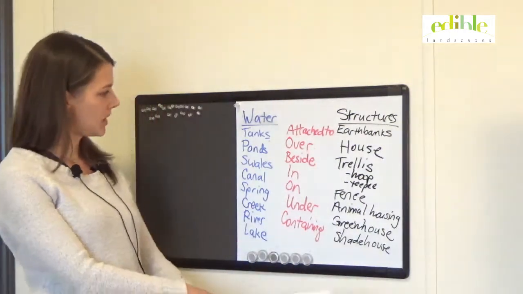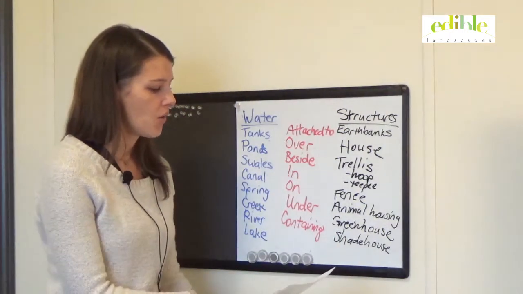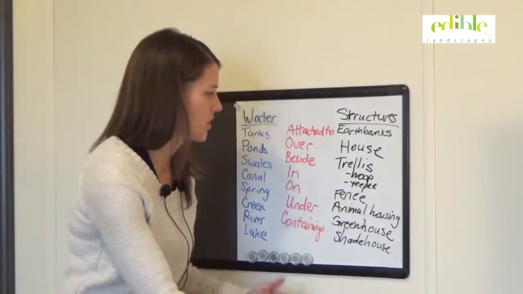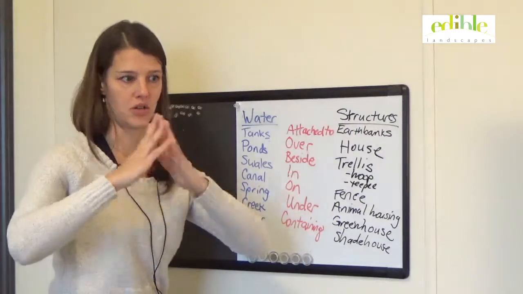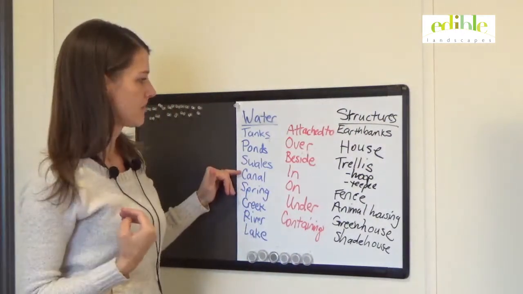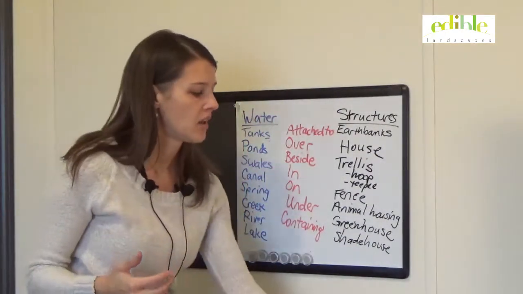So we can look at a couple other examples here too. Like, what if you put a ridge trellis, so something that looks like an old school cartoon tent almost, over top of a canal. And then you can start growing things up over the canal.